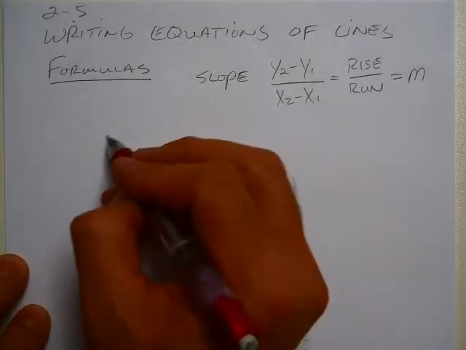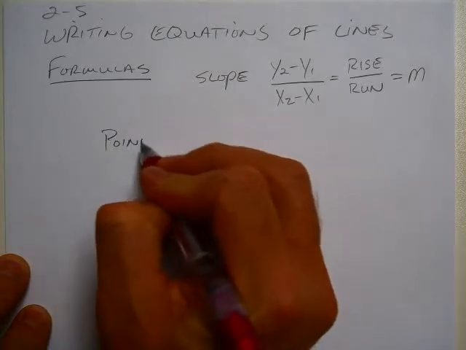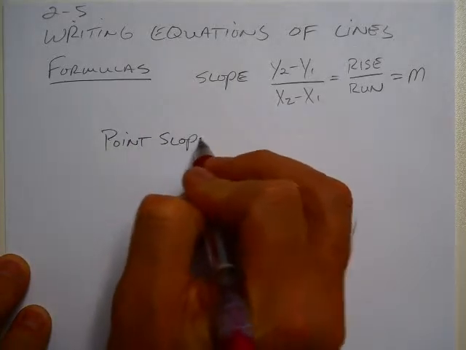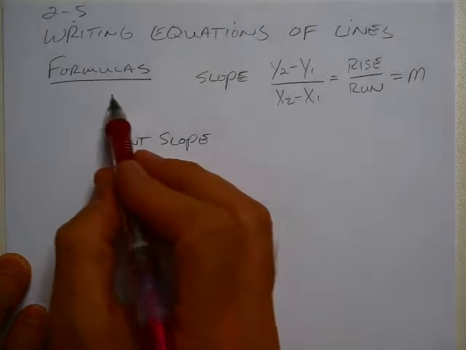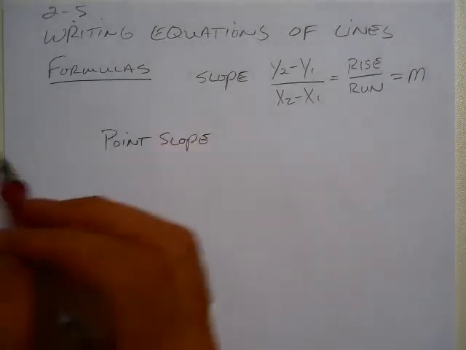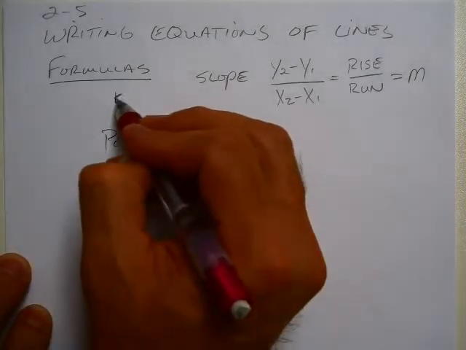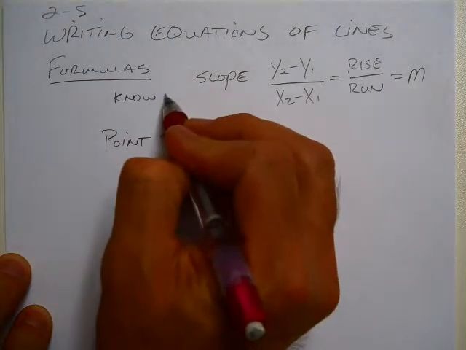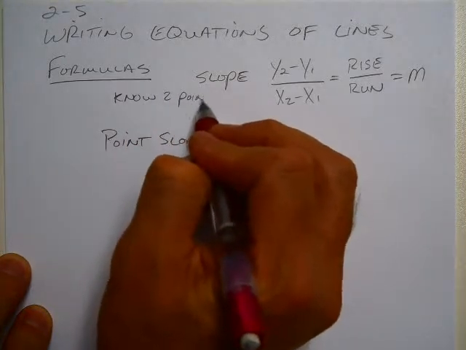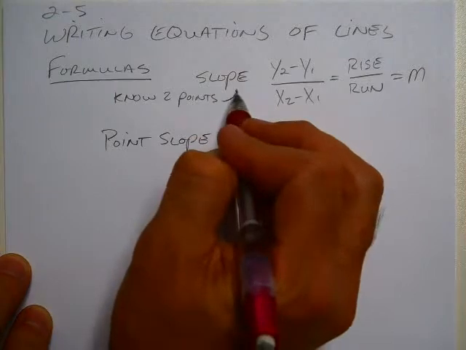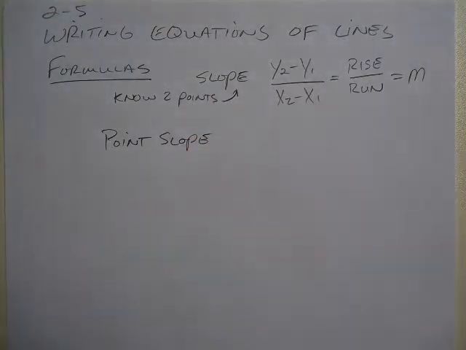The second one is point slope. So what we do with slope is when we know 2 points. When we know any 2 points on a line, we can find slope.